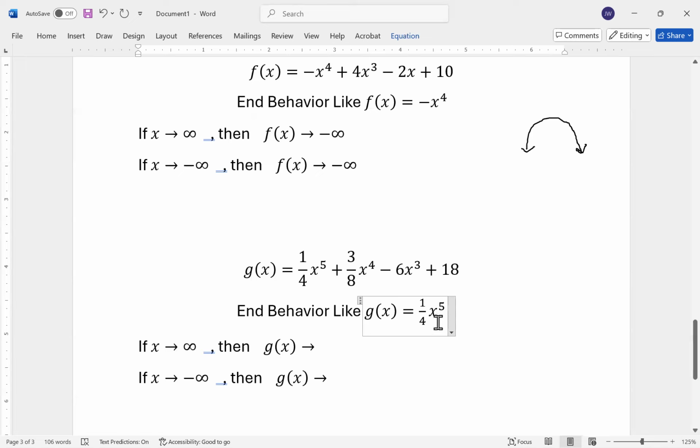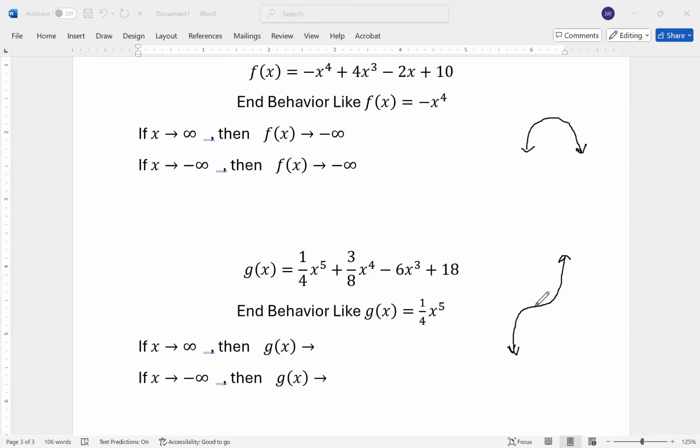That's a positive odd exponent. The coefficient is also positive. So we know the general shape is going to start lower left and move towards the upper right.